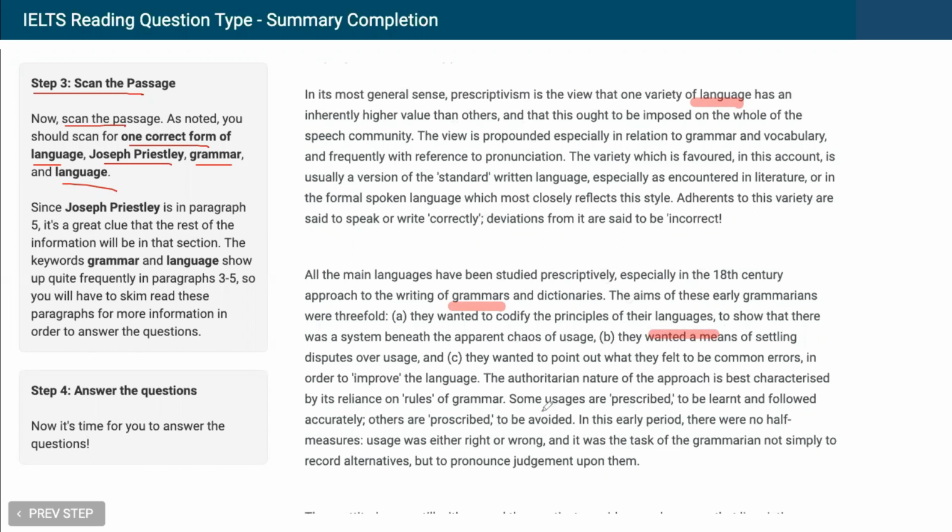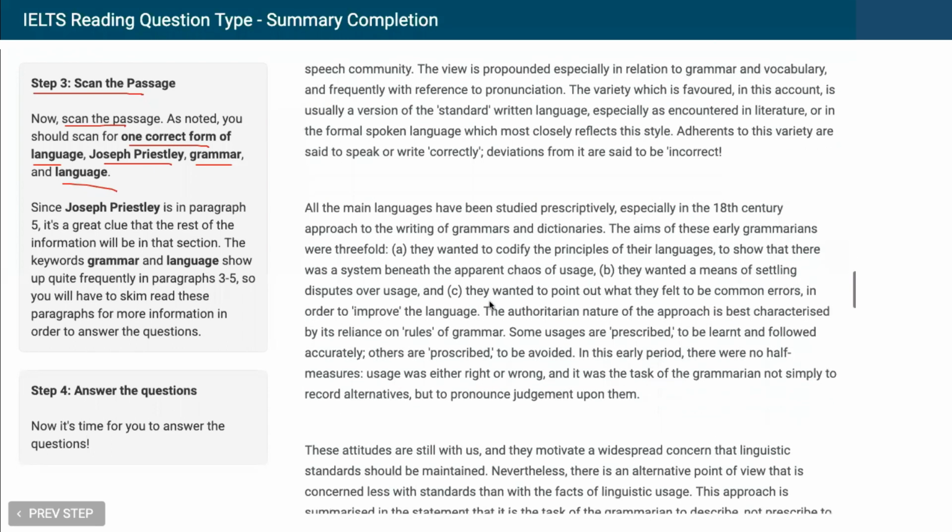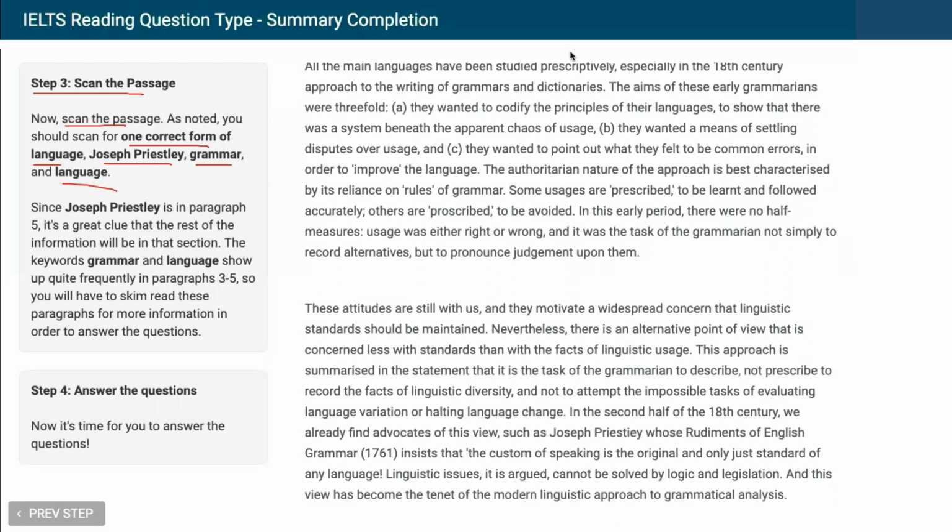This would be paragraph 4. And if I go just a bit further down, I see our keyword name, Joseph Priestley. So the fact that I see Joseph Priestley down here and I see grammar and language up above points to the idea that I'll be looking in these sections here, just because I've seen my keywords.